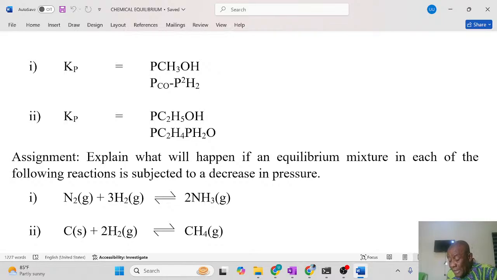In this case, the gases are allowed to come in contact and reach equilibrium at a given temperature. This is followed by analysis of the mixtures of the reactants and products to know their proportions. From the concentration or pressure of the gases, the equilibrium constant can be evaluated.